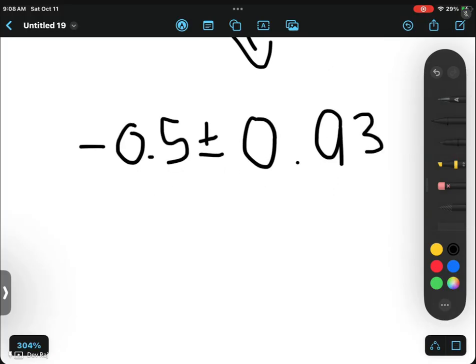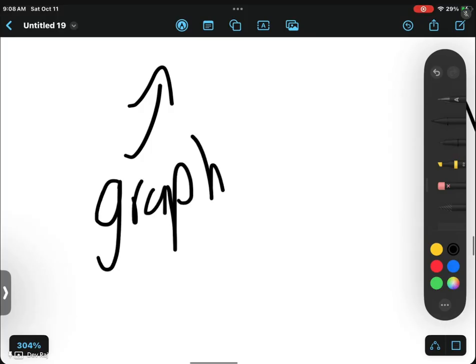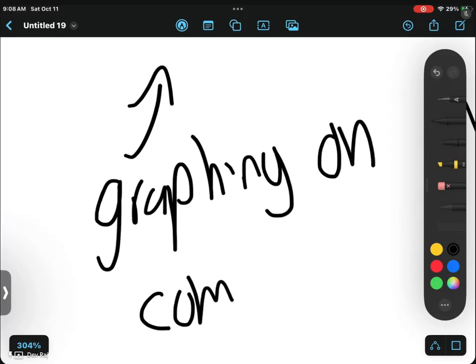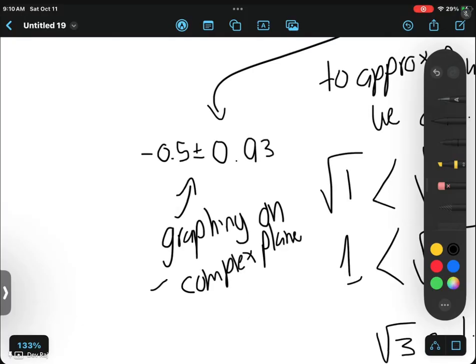This is how we would graph on the complex plane if we actually tried solving it. This is how we would graph on the complex plane using these points.